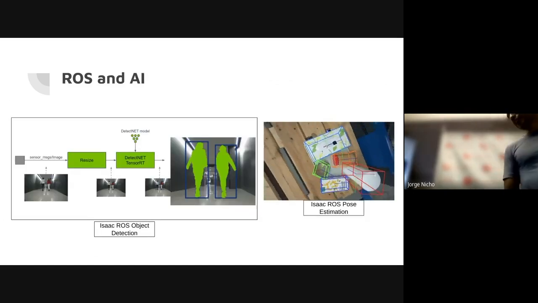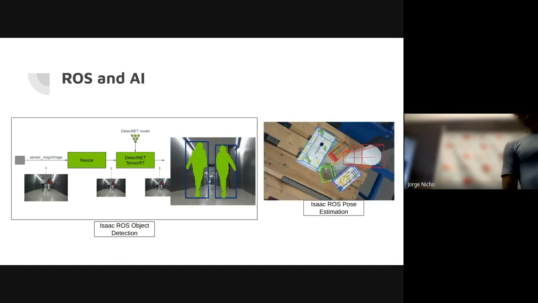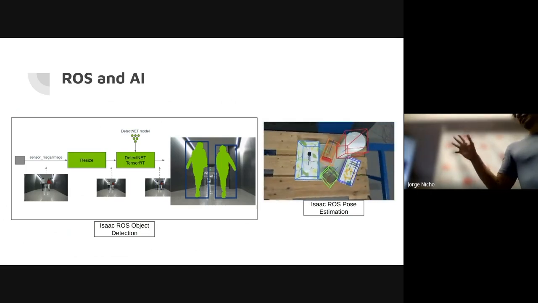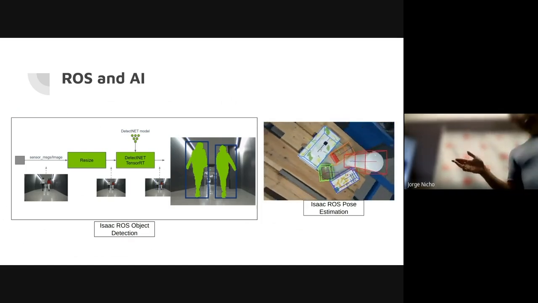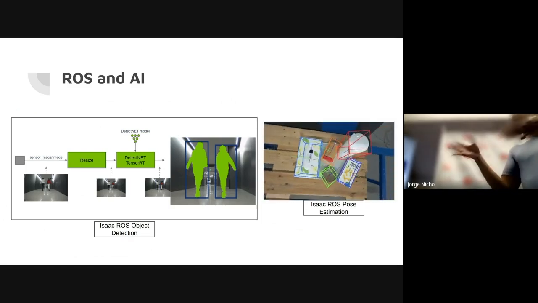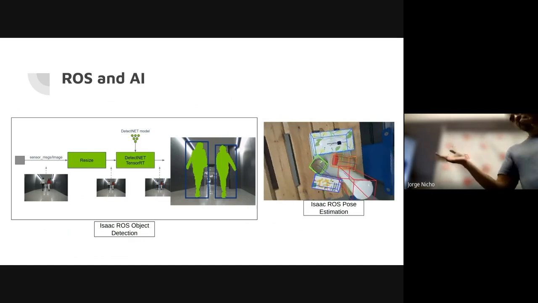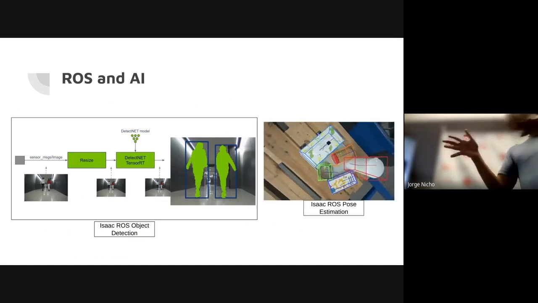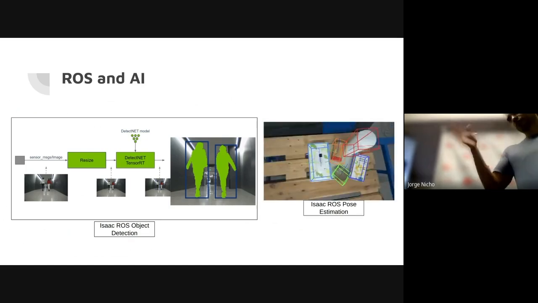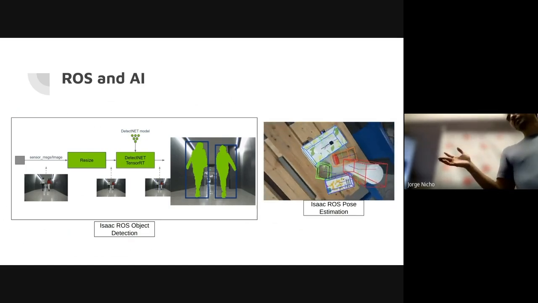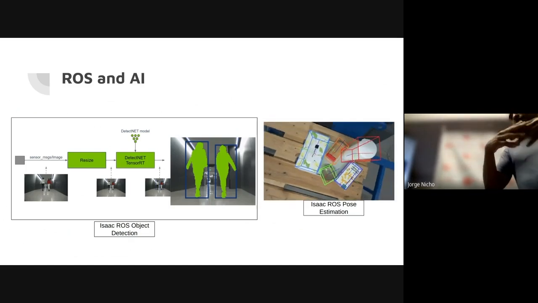So ROS and AI. Like I said, integration with ROS depends a lot on the application, but these are projects that I'm familiar with that I've run into. One is this ROS object detection, which uses a learning algorithm provided by NVIDIA, I believe, to detect objects from an image.